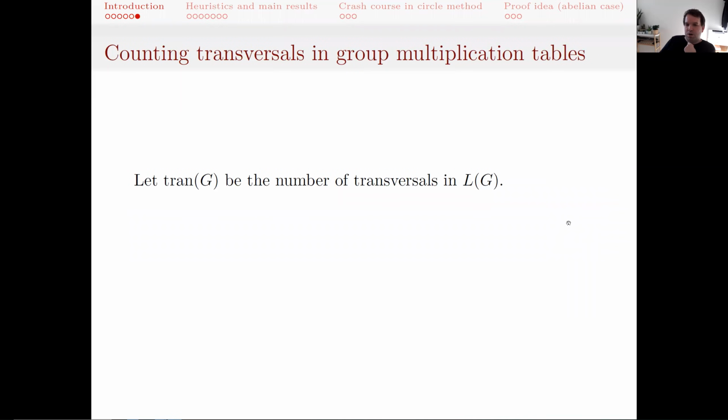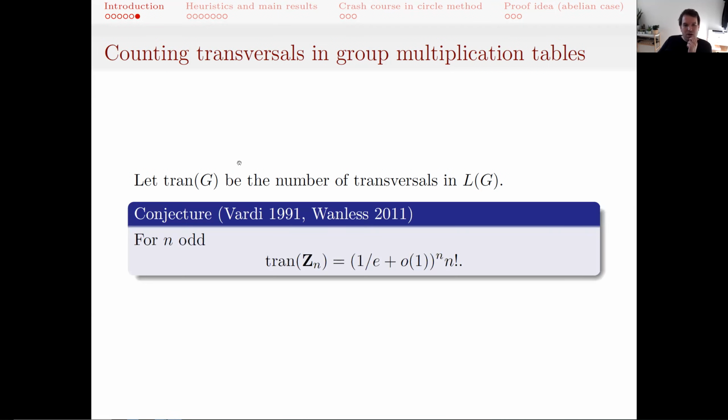Okay. So you can actually ask an even stronger question, and that would be a question about the number of transversals in your multiplication table. In this respect, I think there were not a lot of conjectures about what this number should be, except in the special case where G is Z_n, the cyclic group of order n.